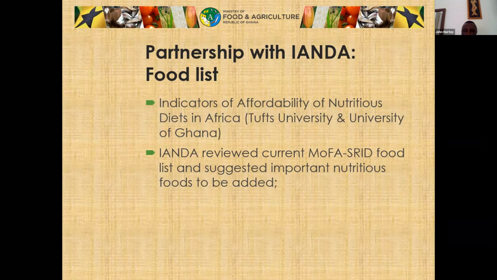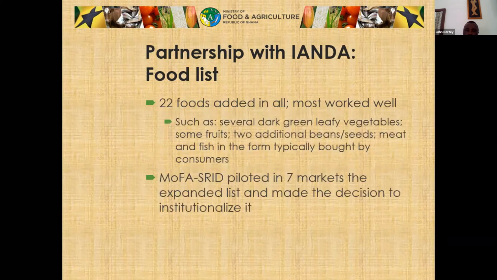They reviewed it and contacted us to ask whether we were prepared to add some commodities that would make it possible for them to go ahead with their research. We agreed to it, and the partnership was on. So 22 foods were added in all.